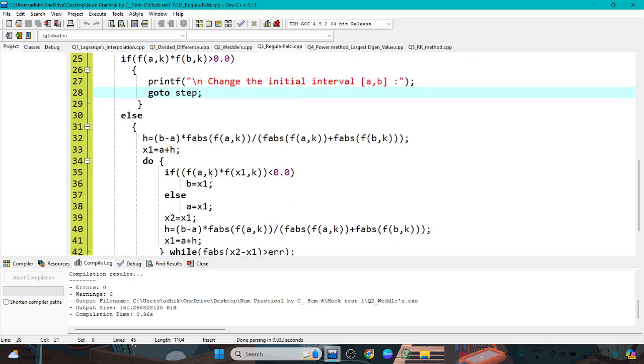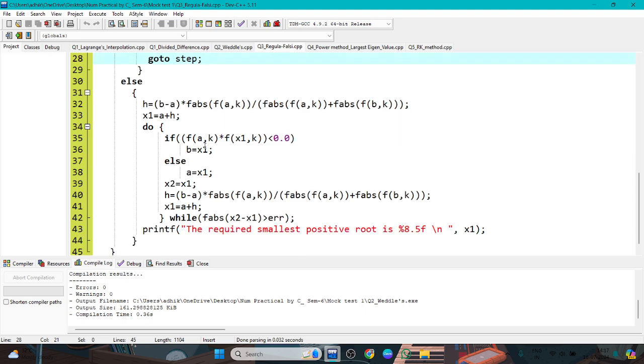Else h equal to b minus a into absolute value of f a k divided by absolute value of f a k plus absolute value of f b k, x1 equal to a plus h, and do if f a k into f x1 k is less than 0, b equal to x1, else a equal to x1, and x2 equal to x1, and h equal to b minus a into absolute value of f a k divided by absolute value of f a k plus absolute value of f b k. This is the full bracket denominator, sorry, x1 equal to a plus h.